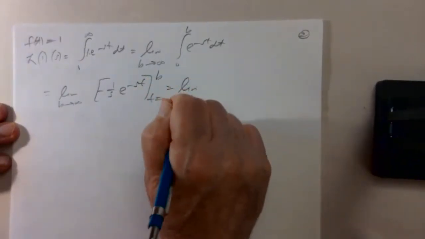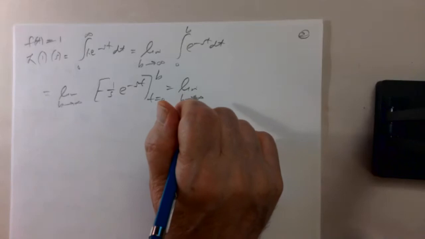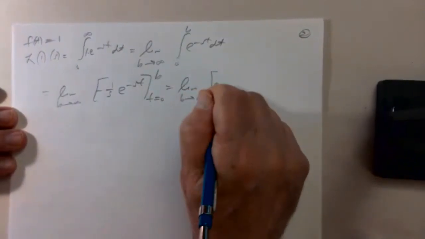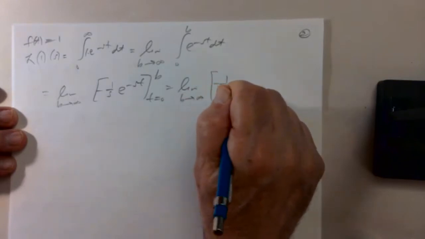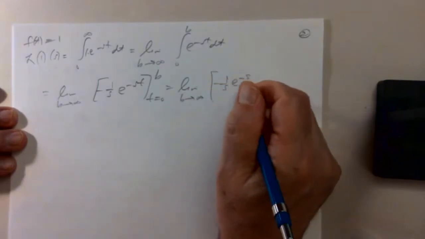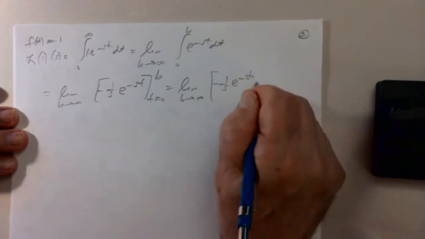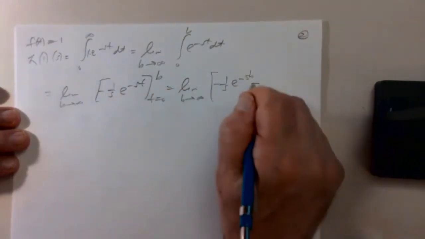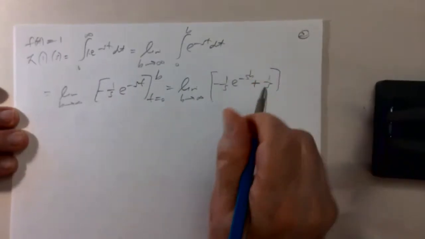So that's the limit as b goes to infinity of minus 1 over s e to the minus sb minus 1 over s times e to the 0 makes this plus 1 over s.